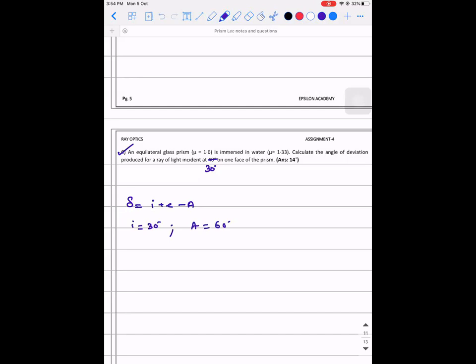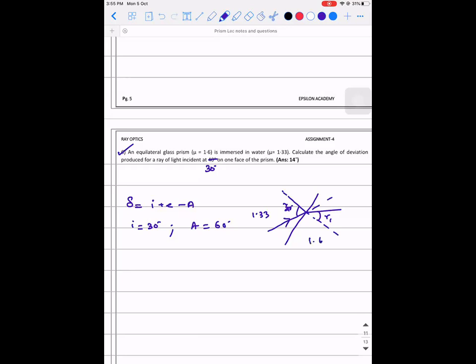Now observe, how many times will it undergo refraction? So if this is I, that is 30 degrees, it will undergo refraction R1 plus R2, and the outside medium is 1.33, inside medium is 1.6.